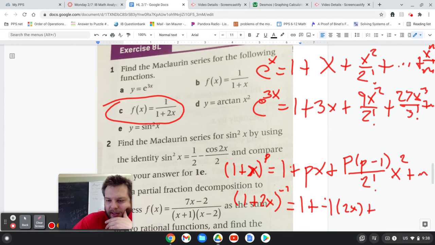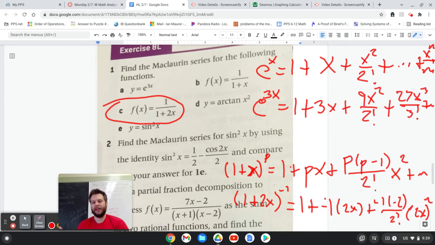And then plus, the next one goes negative 1 times negative 2 over 2 factorial times 2x squared, etc., etc. So negative 1 times negative 2 times negative 3 over 3 factorial and 2x to the third power. And so this is just a very efficient way to handle more complicated Maclaurin series. And you'll be able to see that this really does work.